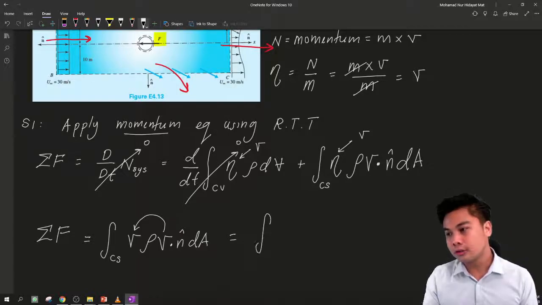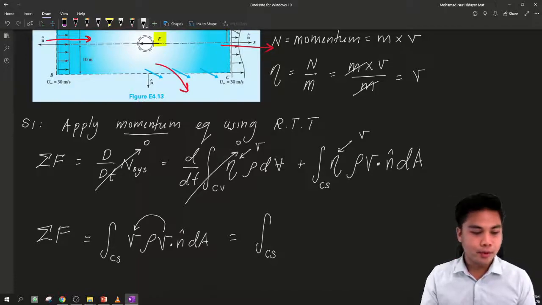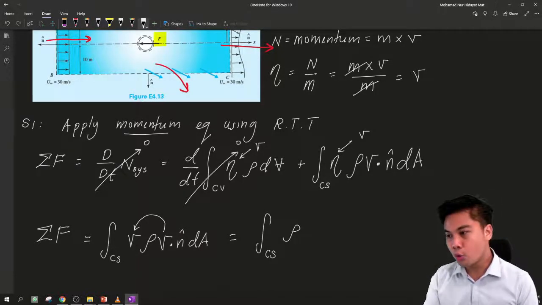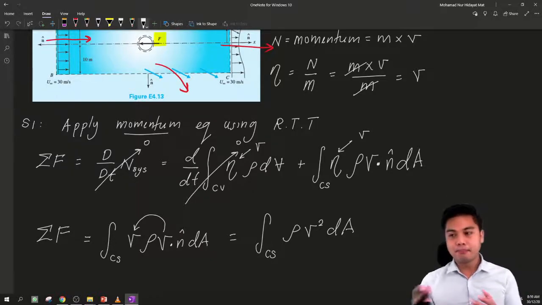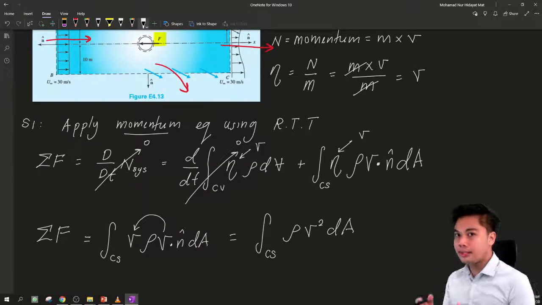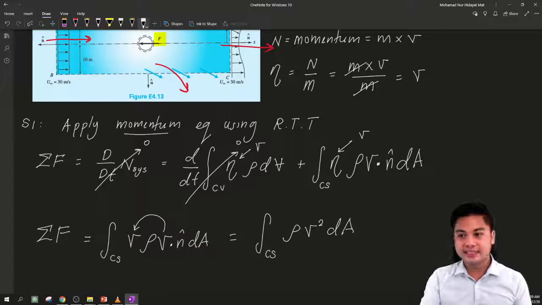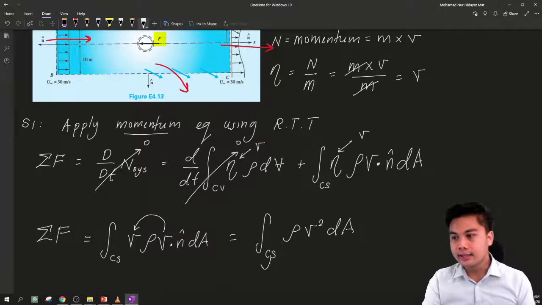So the integration of the control surface, we can say rho V squared dA. Now we have simplified the RTT equation, which is the summation of force, focused on the flux, equal to the integration of the control surface of rho V squared dA.